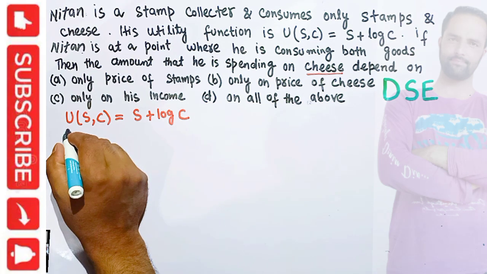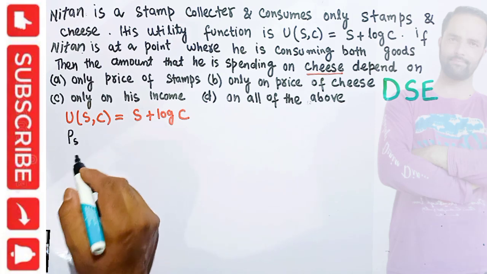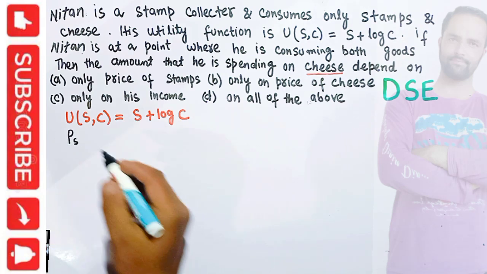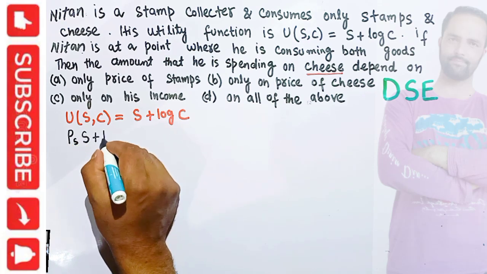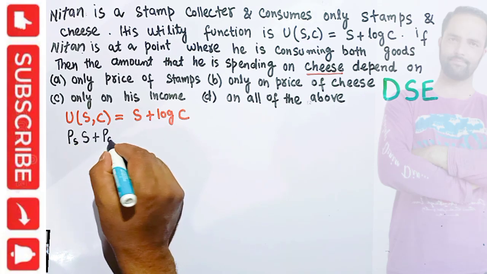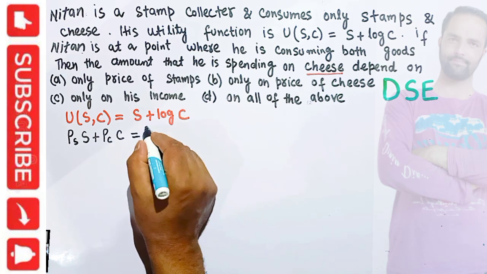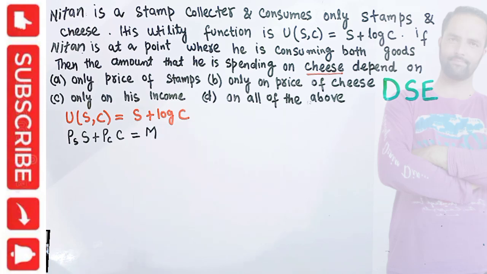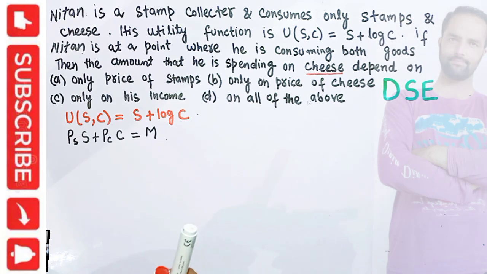Simple: p subscript s denotes the price of stamps, times units of stamps, plus price of cheese times units of cheese, should be equal to m, that is the total income of the consumer. Okay, so this is our utility function, this is our budget constraint.